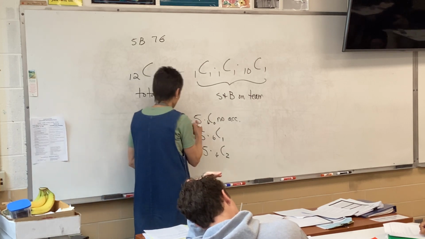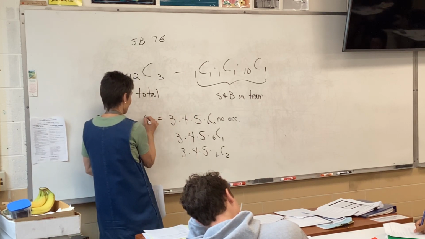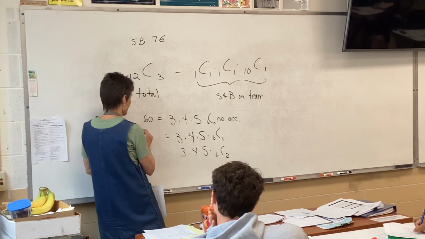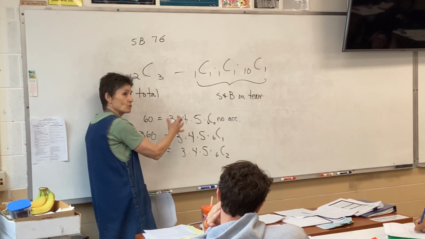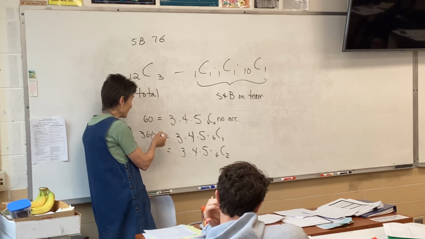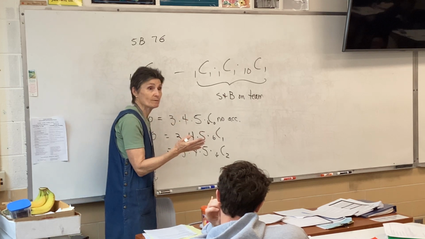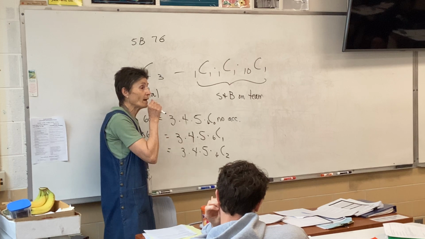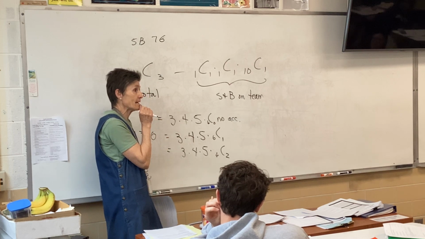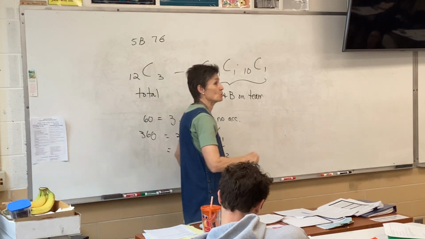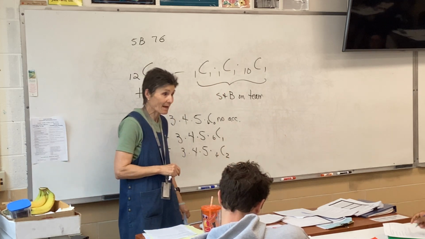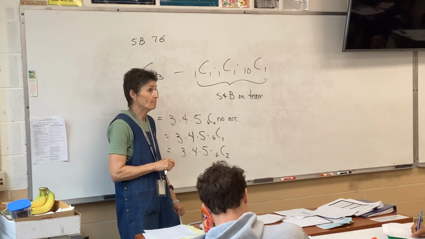This is an answer. What is this, 60? And this one is 360, and I don't know, after this I'm out. Whatever those are. So I'm going to get basically 7 different answers. What do I do with those 7 different answers to find the total number of options available to me? I add them up.